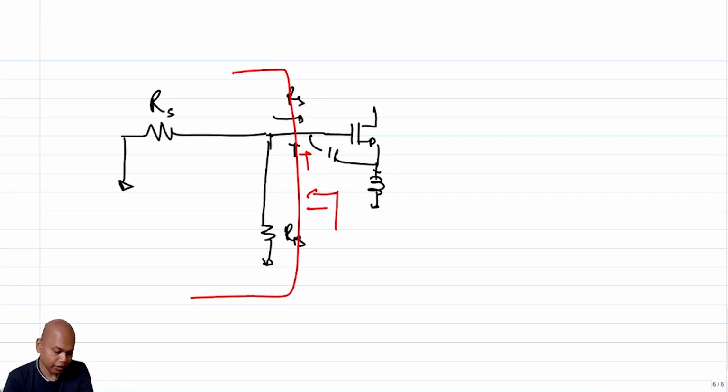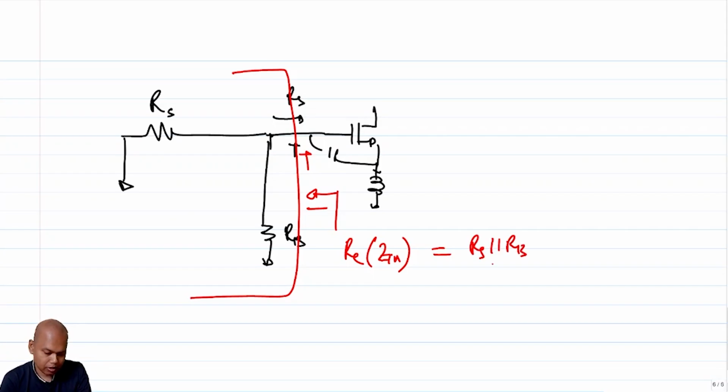I will look for the effective real part of Zin, right? So what is the real part of Zin? That is RS parallel RB. So if RB is much greater than RS, not RS by 2 in this case, then the real part of Zin is approximately equal to RS.